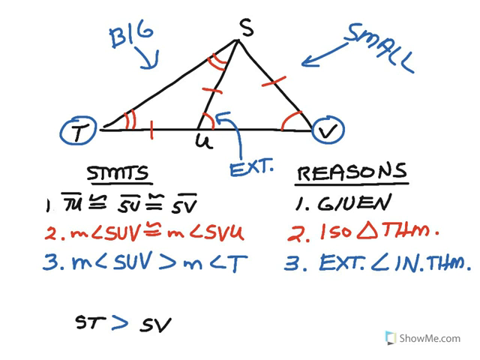Now, because I know that SUV and SVU are the same measure, I can substitute into step 3 the measure of angle SVU, which is what I was trying to prove, that measure of angle V out there, is greater than the measure of angle T. And that would be substitution.